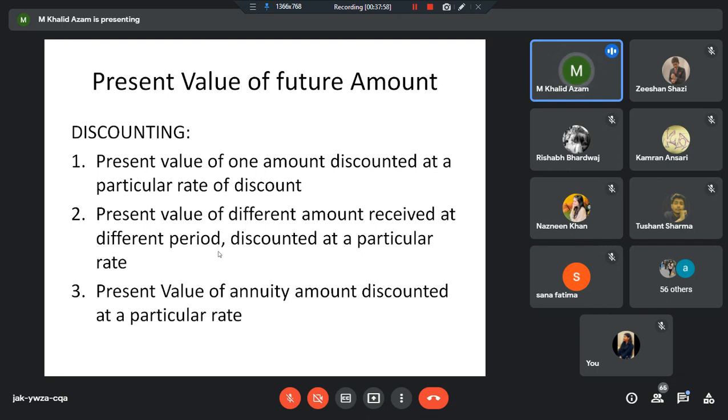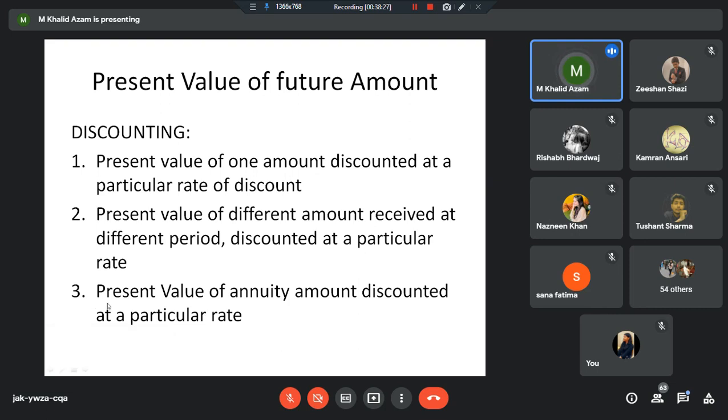You are getting after 1 year, the discounting will be for 1 year. The basic idea in case two is that the present value of different amounts received at different periods will be discounted at a particular rate. So with the rate remaining the same, we are considering different periods, and suppose you are getting from different sources, you can also calculate at different rates, there is no problem.